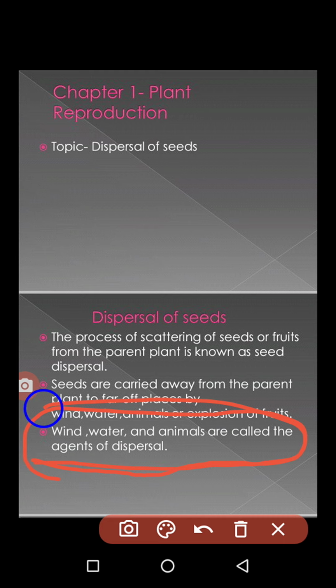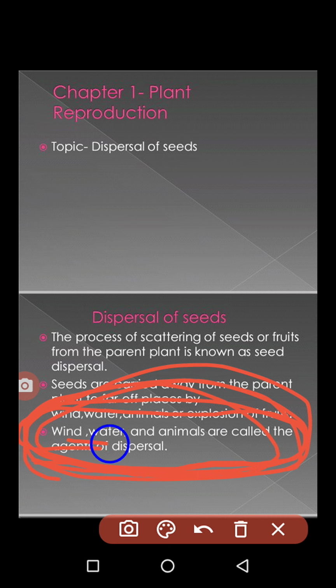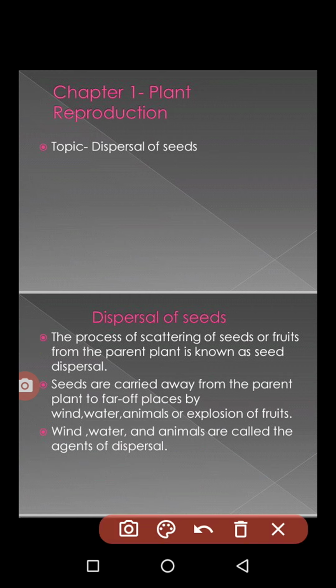There are three main processes: first is wind, then water, and animals. So we look at the first topic, that is wind.